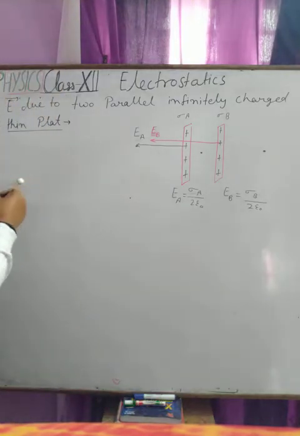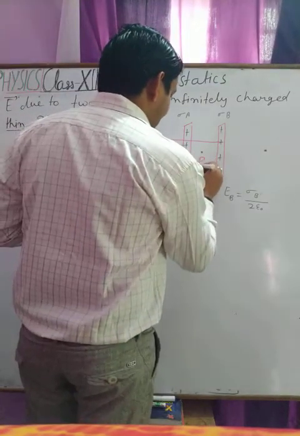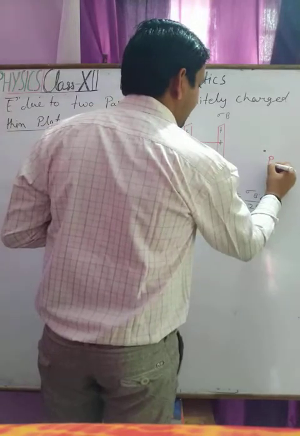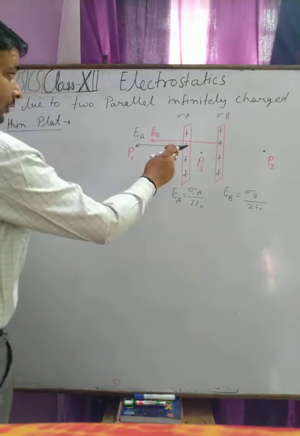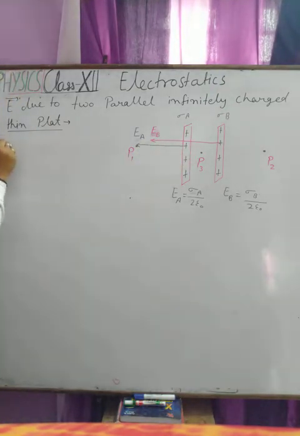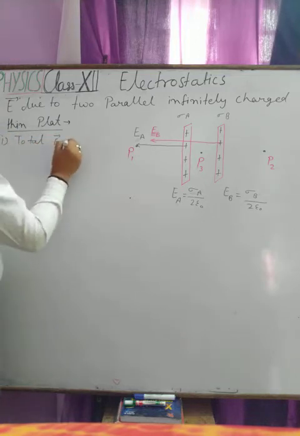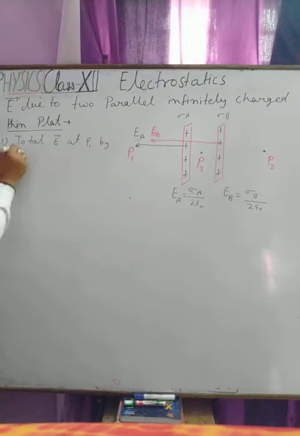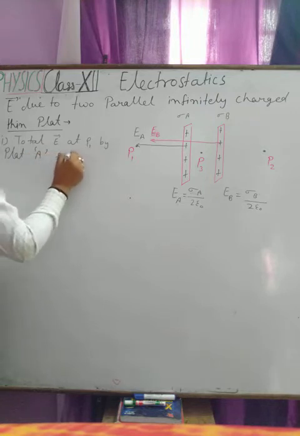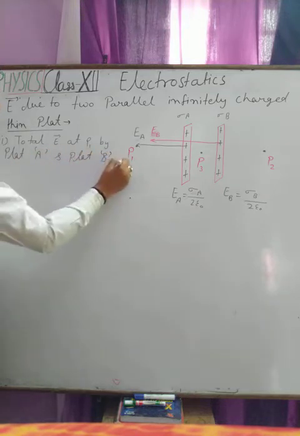So the total field at point, it is taken as P1, it is taken as P3, and it is taken as P2. Okay. Now the total electric field in the first case, at P1 by plate A and plate B, is what we get?